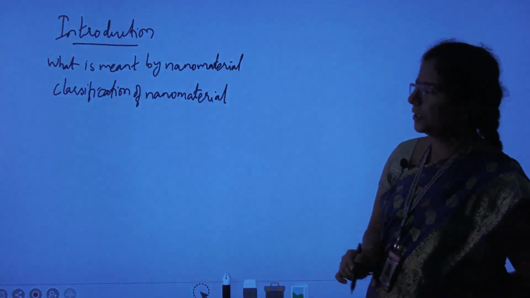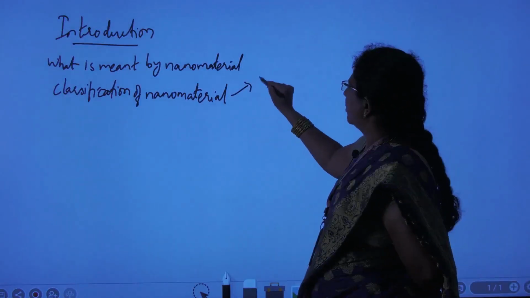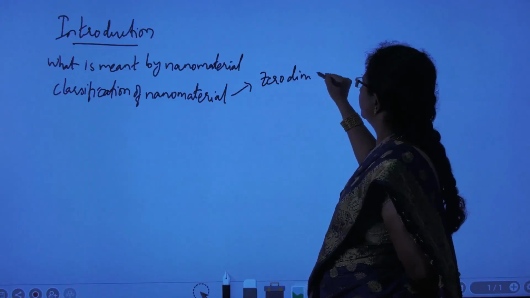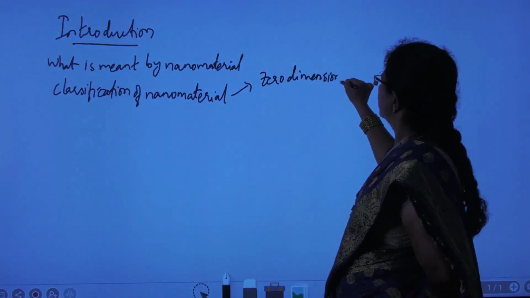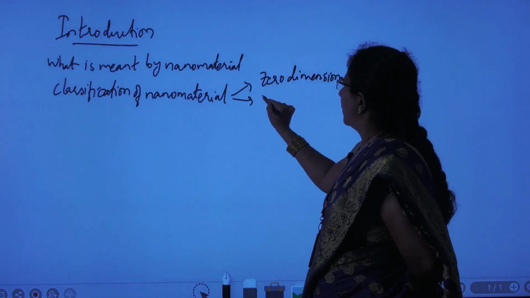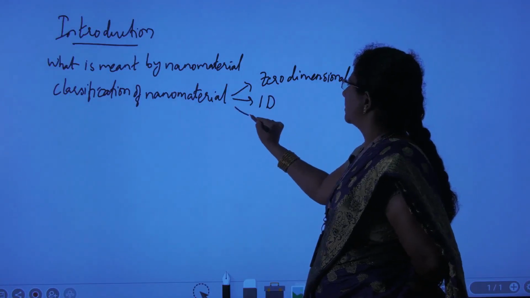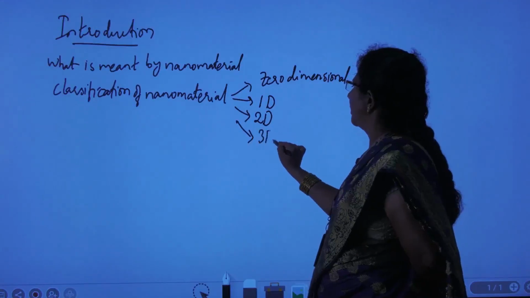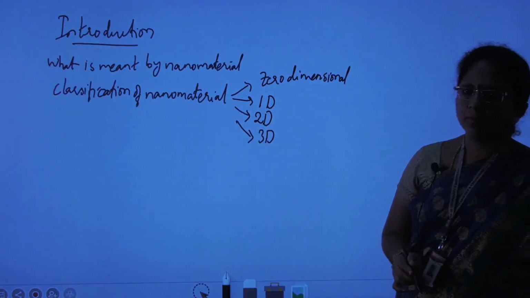coming to classification, we have classified the nanomaterials as zero-dimensional materials, one-dimensional nanomaterials, two-dimensional nanomaterials, and three-dimensional nanomaterials.